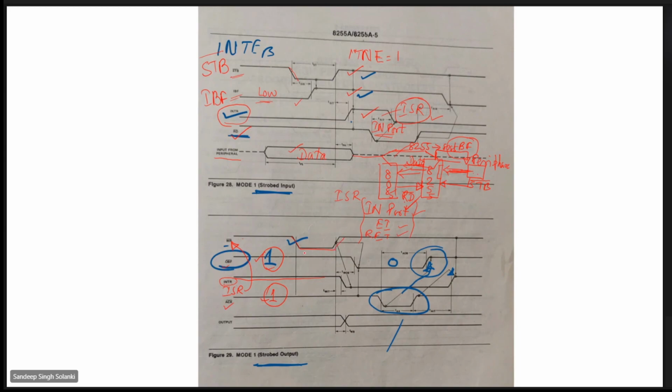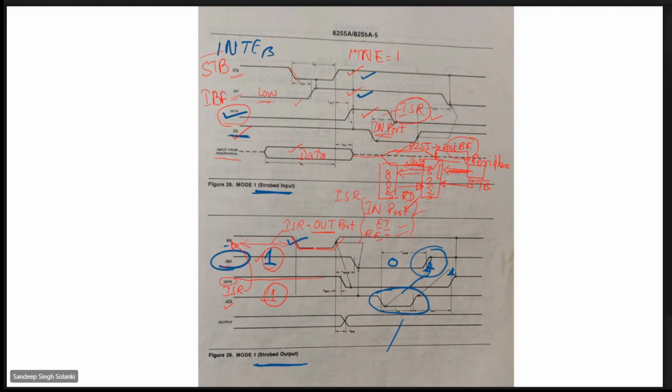The write is being generated because in this period we assume that our processor takes the time to arrive at the ISR. Once it arrives at the ISR, it will execute the instruction output. Once this instruction is executed, we find that the write signal is generated.